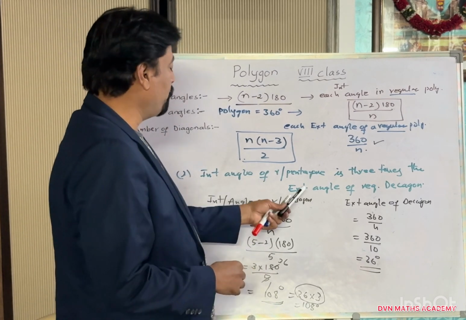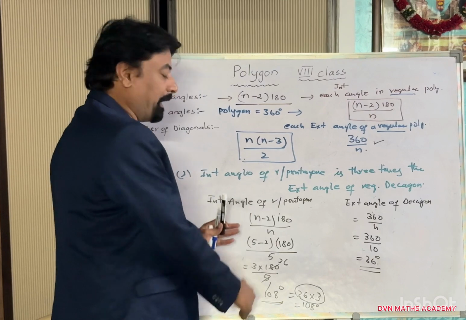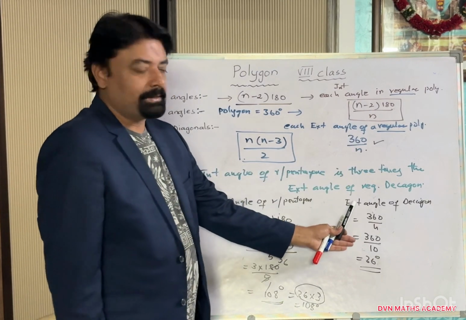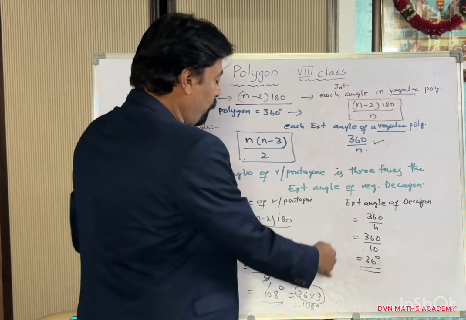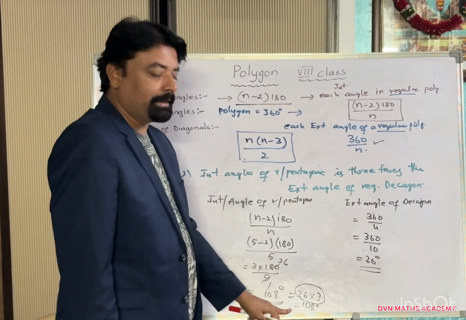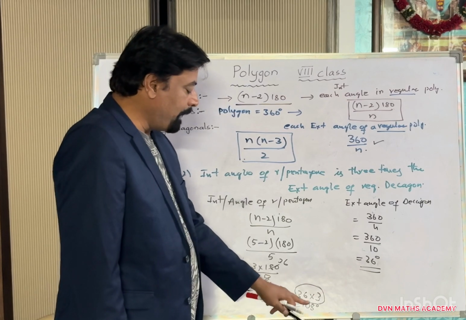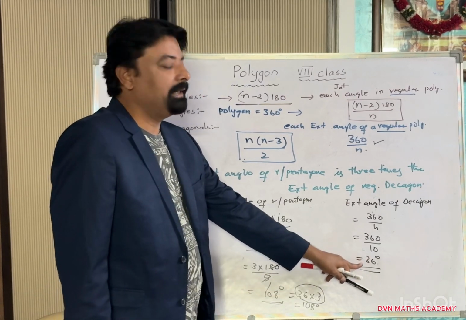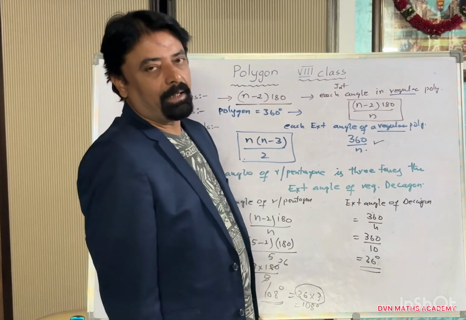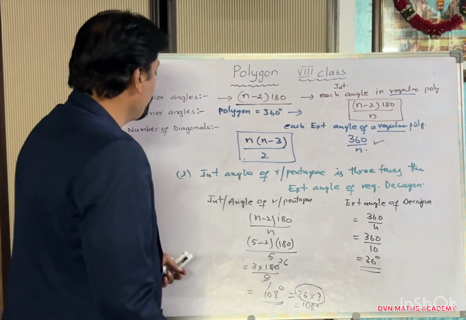So like this we can prove the given question: first you find the interior angle of a pentagon and afterwards you find the exterior angle of a decagon and you form a relation between these two. This is 36 degrees, this is 108 degrees. 108 degrees I can write 36 into 3. Therefore, it is 3 times the exterior angle of a decagon. So this is also one of the interesting questions to prove.